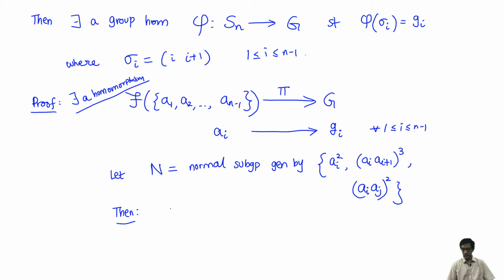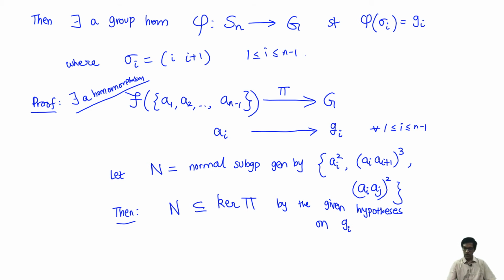So in other words, all these relations are actually satisfied in G. In other words, each of them lies in the kernel of this homomorphism pi, by the given hypothesis on the elements gi.